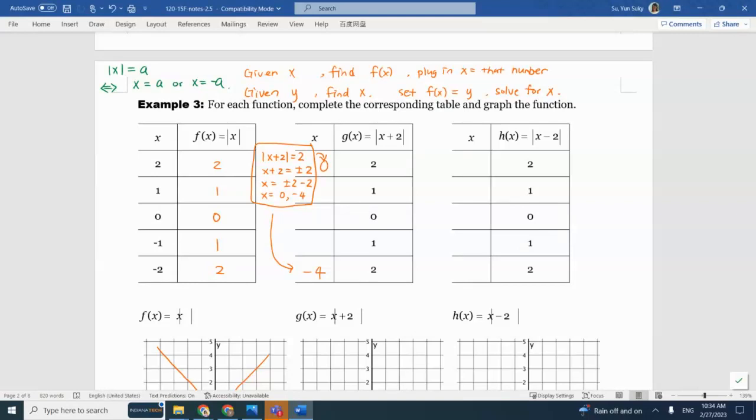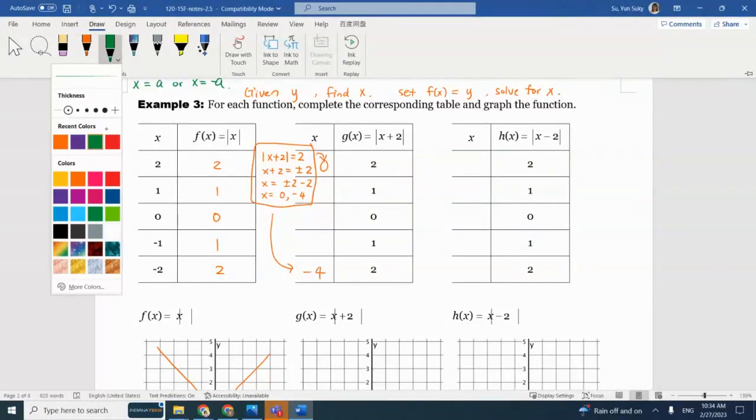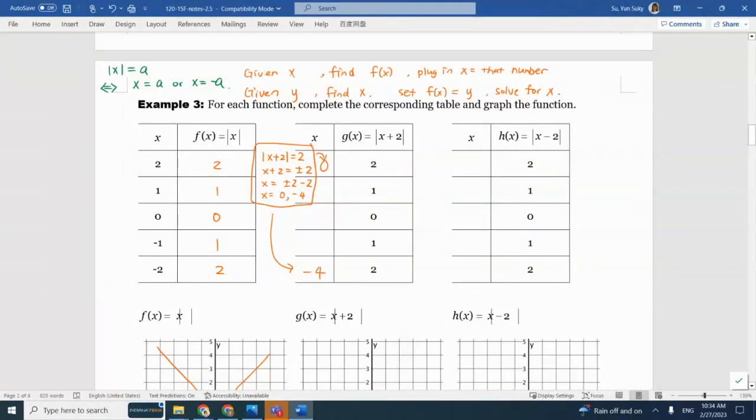Okay. And then how about 1? I ran out of space, so let me do it here. This is the function, absolute value of x plus 2, set equal to 1. When you break the absolute value, what happened?